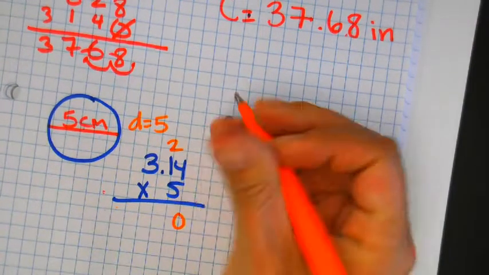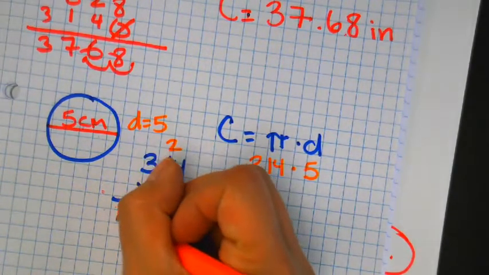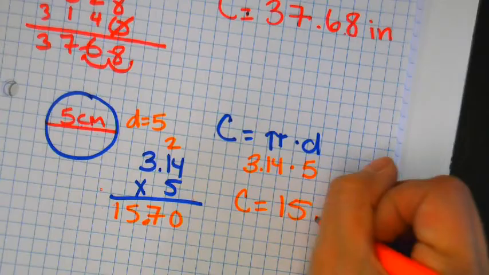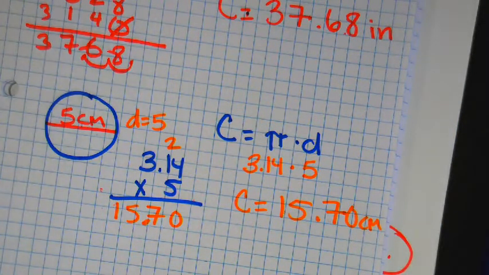Carry the 2. 5 times 1 is 5 plus 2 is 7. 5 times 3 is 15. So circumference is equal to 15.7, or 70 centimeters? No, because it's not area. It's perimeter. Circumference.